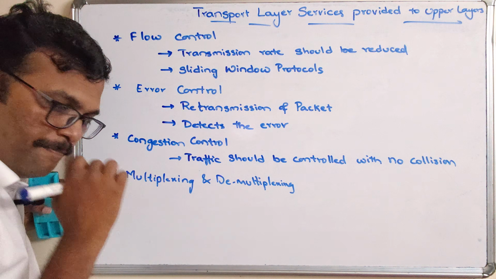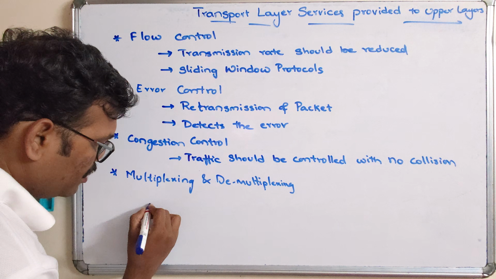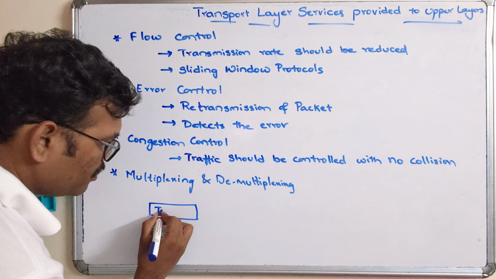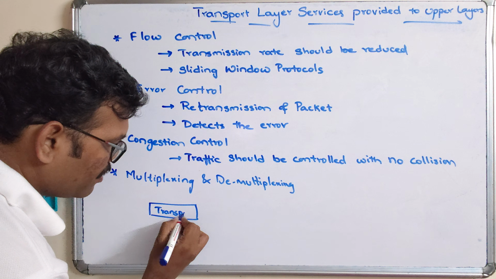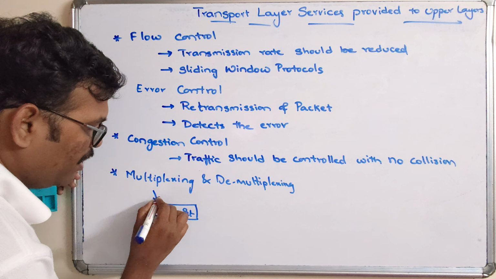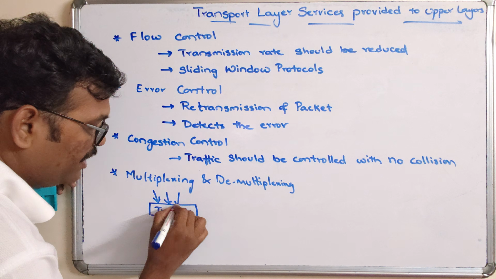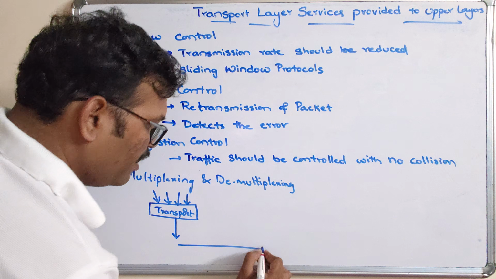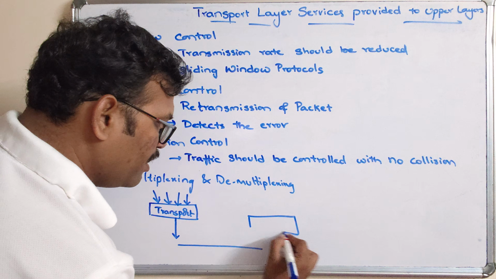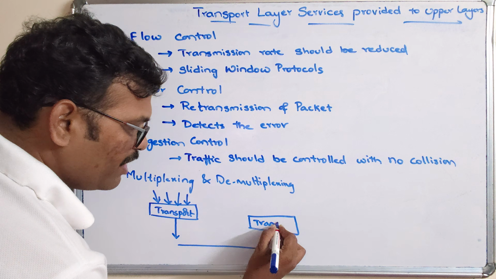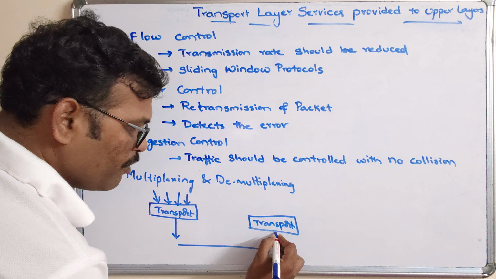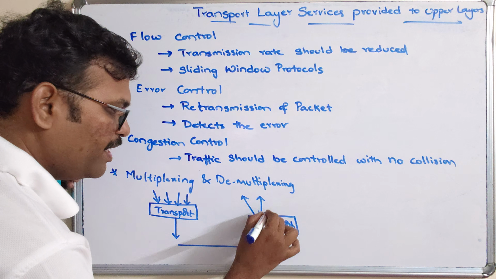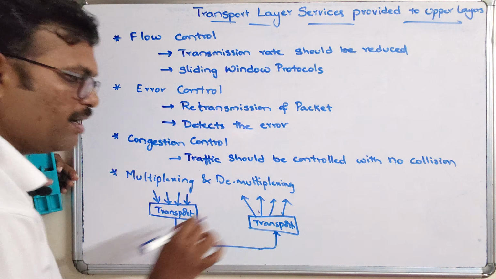See, for example, the transport layer. Different applications form a single stream and it is sent, and on the receiver side, when it reaches the transport layer, the data is divided again and forwarded to different applications.